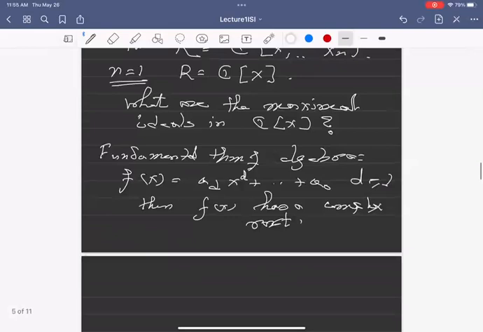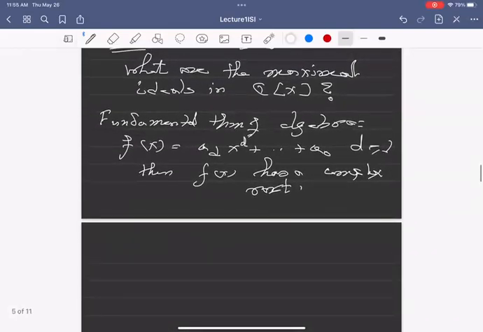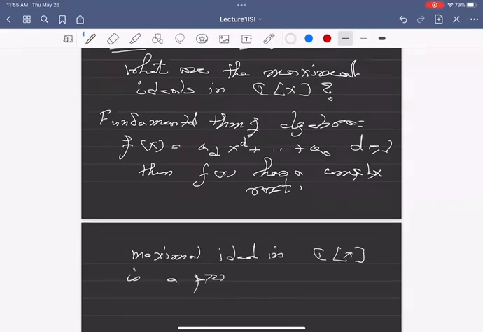We must use this result. So first of all, a maximal ideal in C[x] is a prime ideal, and it is not zero.